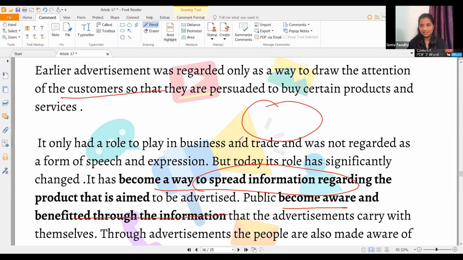Without advertisement, I would not be open to these types of things, right? Maybe your phone too. If there is no advertisement, you will not have a choice. So what is this advertisement doing? One, yes, it is promoting business, but on the other hand, it is giving you information. If it is giving you information, then it is freedom of speech and expression. That's the first rationale.